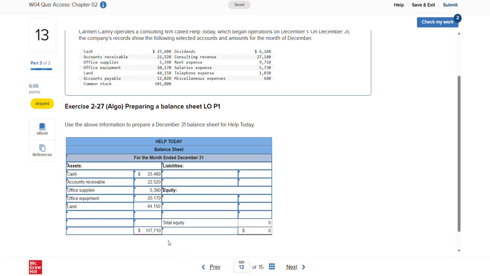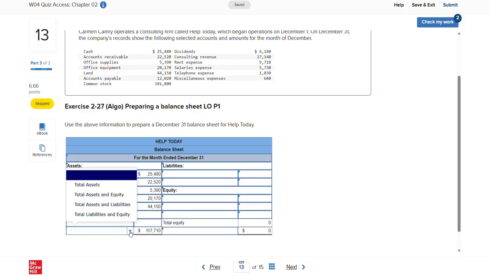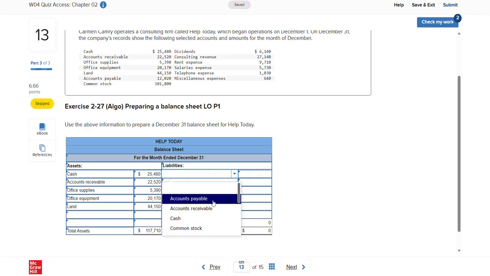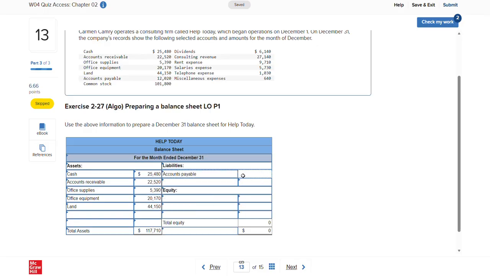So that brings our total assets to 117. So what were our liabilities? The only liabilities that we have at the end of the month would be the accounts payable. So accounts payable is 12,020. Just that.